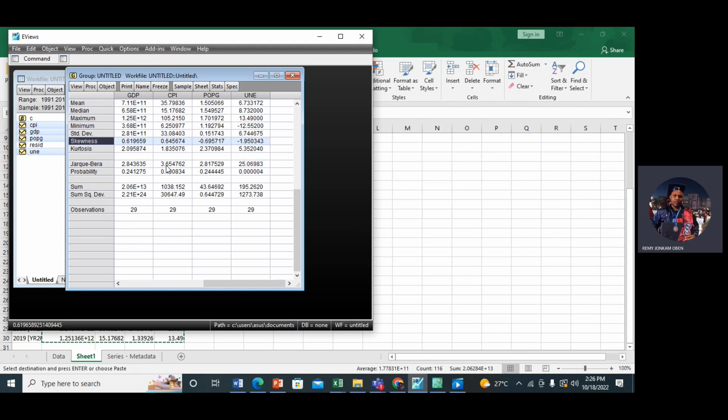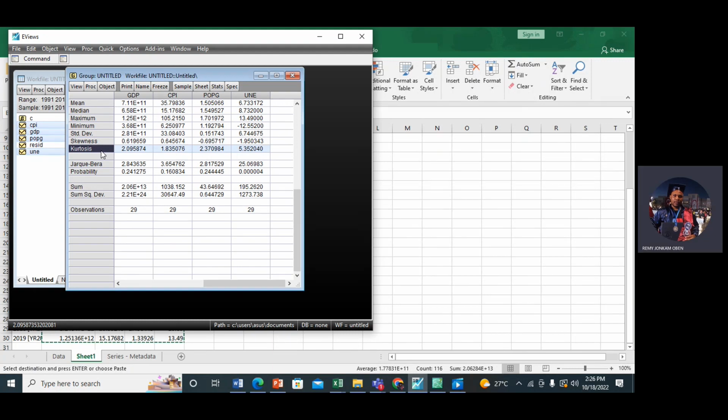So if the value is around 0, then it gives us a hint of normality. But if the value is different from 0, like far from 0, and again it can be positive or negative, then it gives us a hint of the data not being normally distributed. With kurtosis, for normally distributed data, the kurtosis should be 3.